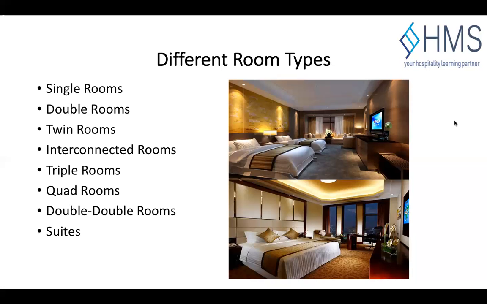Triple rooms, as I had mentioned before, are rooms that are assigned to three people. Then we have quad rooms. Quad rooms are those rooms that are assigned to four people. They may have two or more beds.